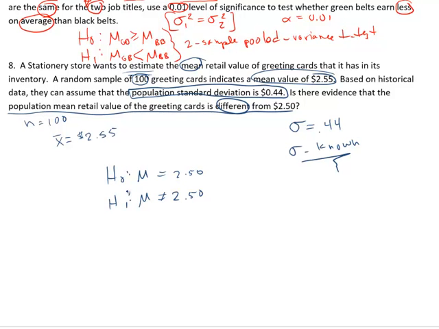And it's going to be a z-test for mean since we know the population standard deviation. That keyword there is population. Z-test for mean. And it's one sample, obviously, because it only lists the one sample, a random sample. One sample.